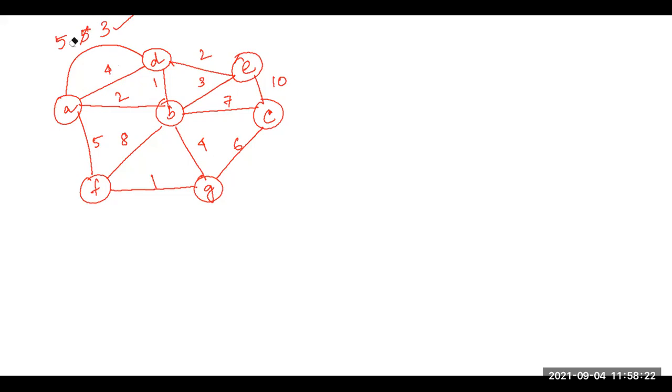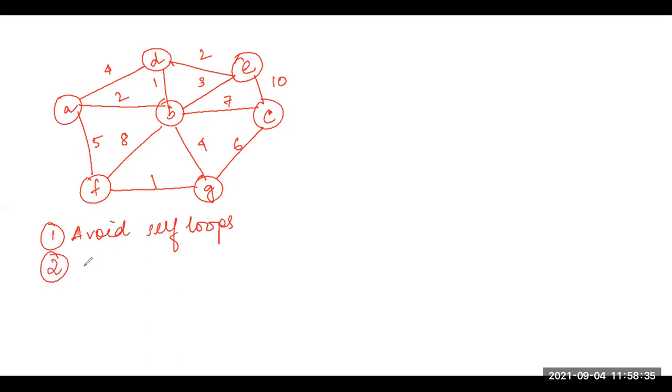Okay. So 2 rules are there. First rule is avoid self loops. Second rule is avoid parallel edges except the minimum. We will keep the minimum edges, right?